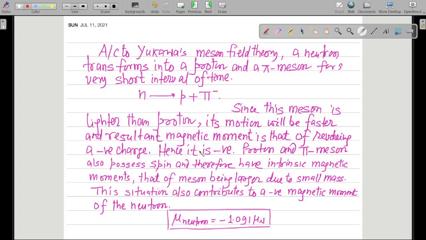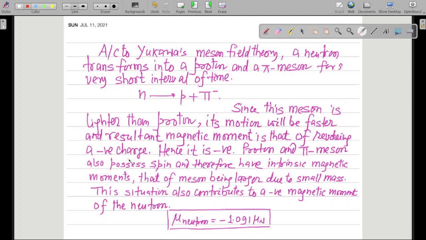The resultant magnetic moment will be of a revolving negative charge, and hence it will be negative, because negative charges create negative magnetic moment, right? That's why this pi minus pion will create a resultant magnetic moment which will be negative, because the pi minus pion has a negative charge.